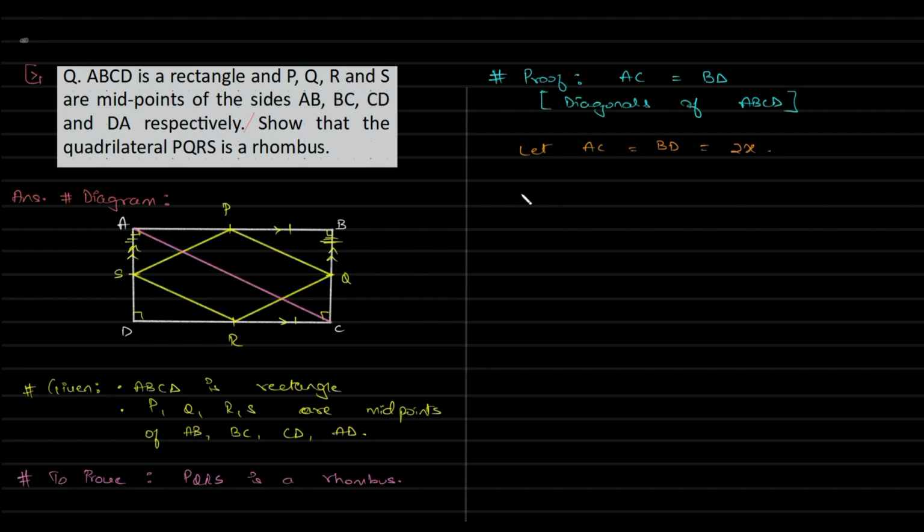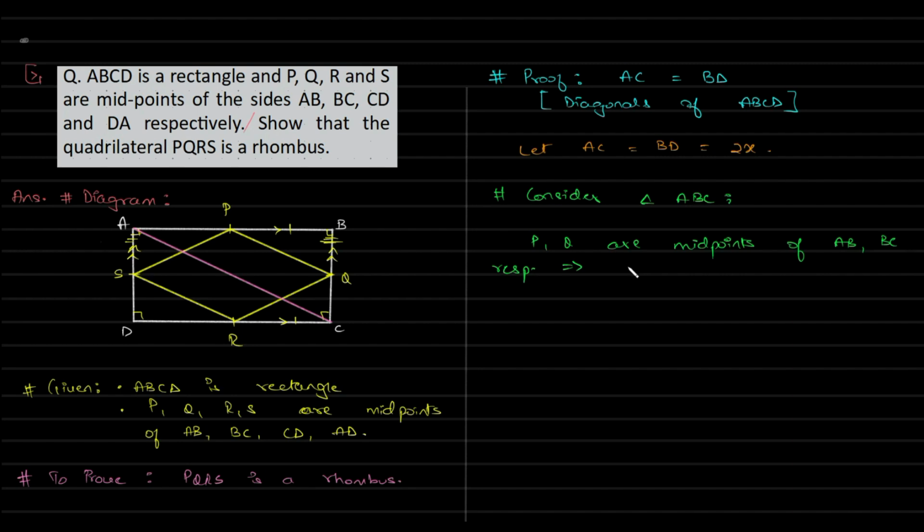Now we'll consider triangle ABC. P and Q are midpoints of AB and BC respectively.